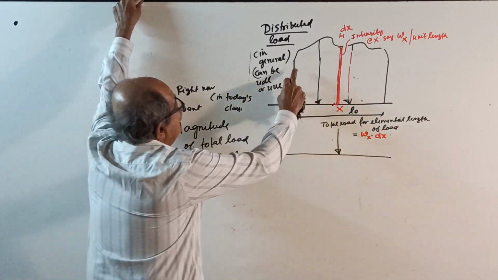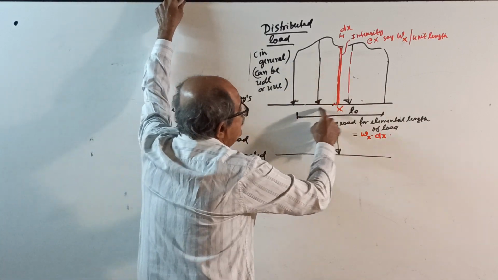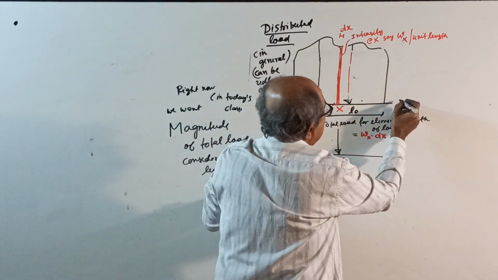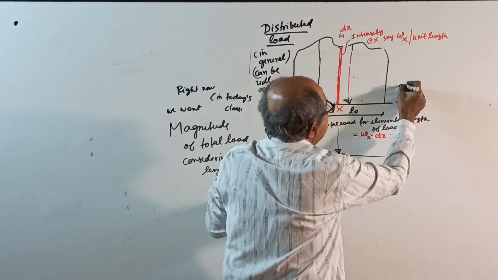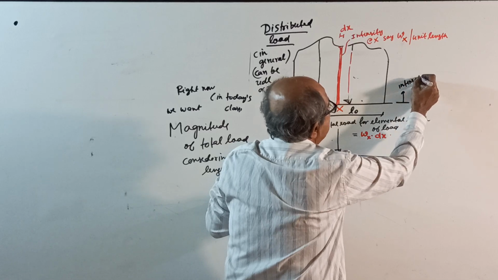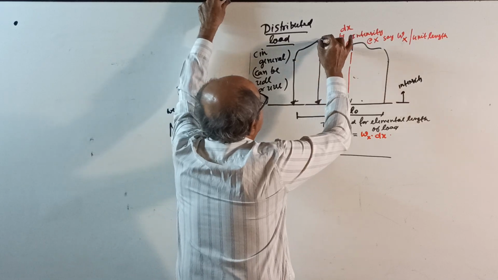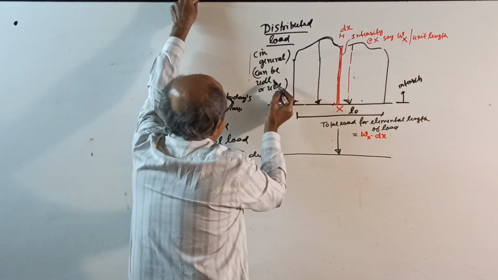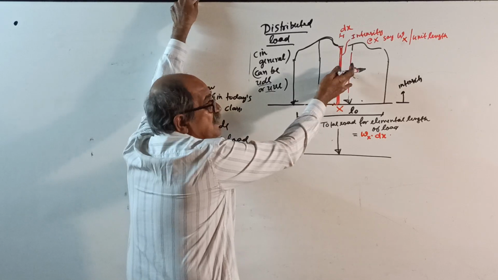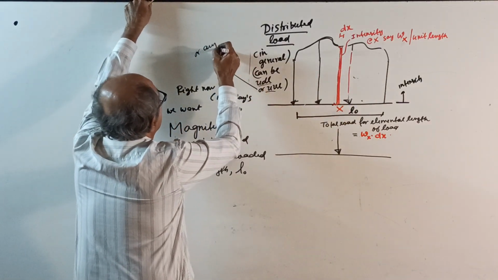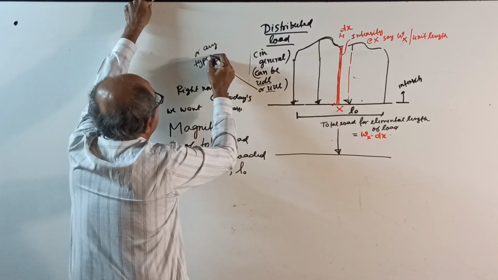See here, intensity, I told you, this is the loaded length. You should write vertically, you are plotting intensity of load. So intensity varies. I have taken it random. It can be used for UDL, UVL, or any type of variation.